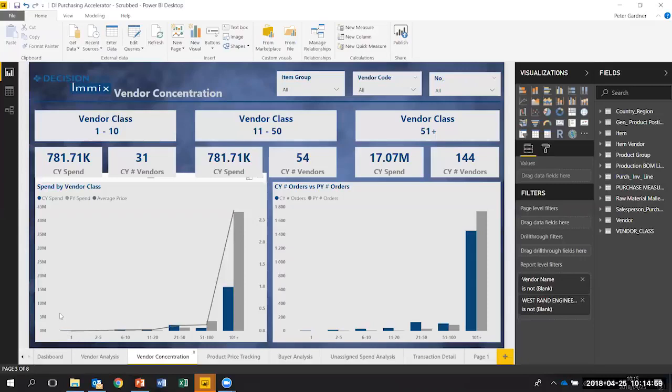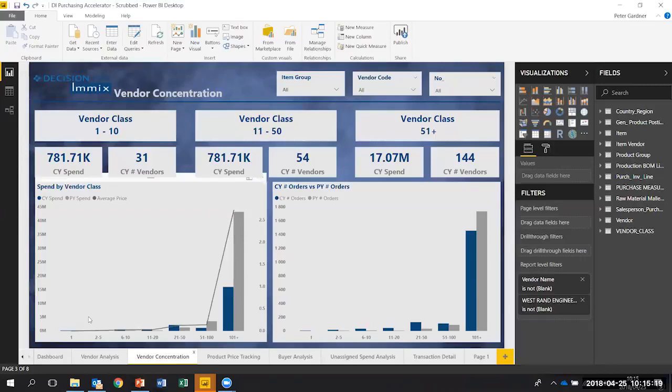Ideally, if you do find a supplier who's giving you a better deal than your contracted vendor, you'd like to contract them, and you'd like to see purchases with that supplier moving up in this graph towards your repeat purchase level. The one-time vendor concentration dashboard also shows us deviations from procurement policy.